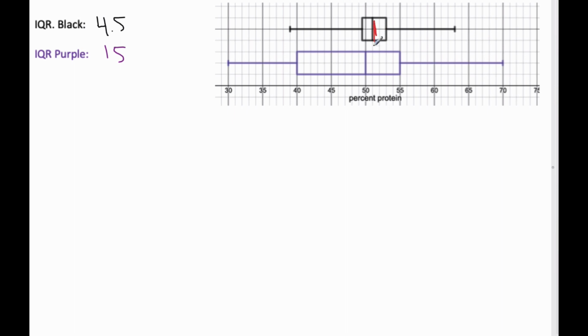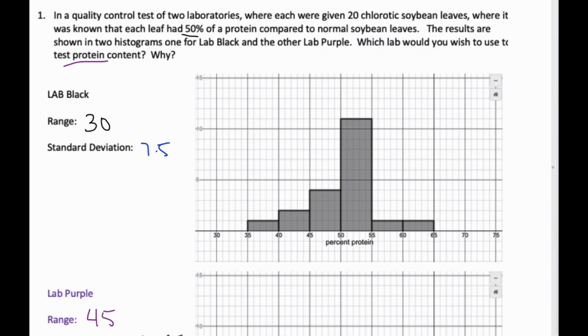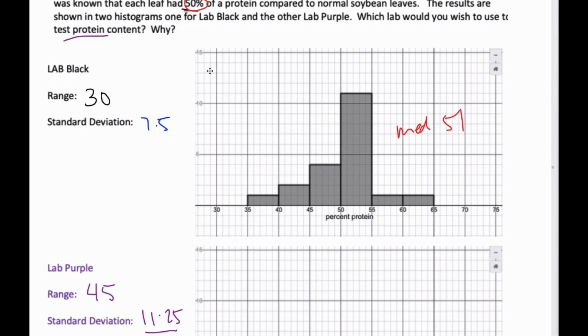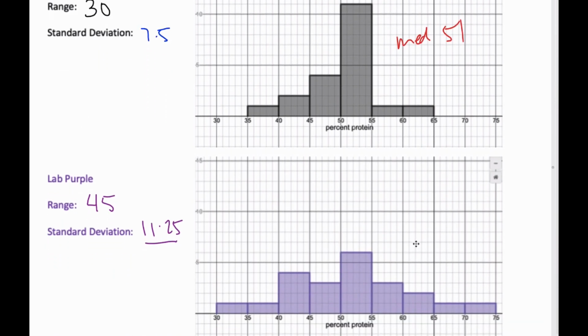But here's another important thing. Here, the median is 51 versus 50. If I'm trying to answer the question, which lab would I want to test my protein content in? Well, the black lab has a median of 51, where I know each leaf was 50%, and the purple lab had a median of 50. So the center of the purple one is more accurate than the center of the black.